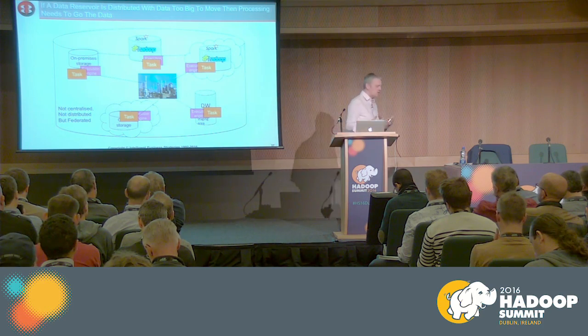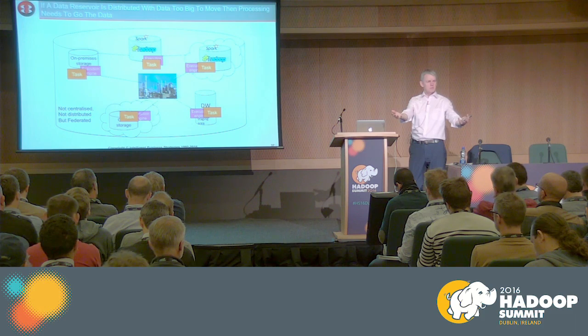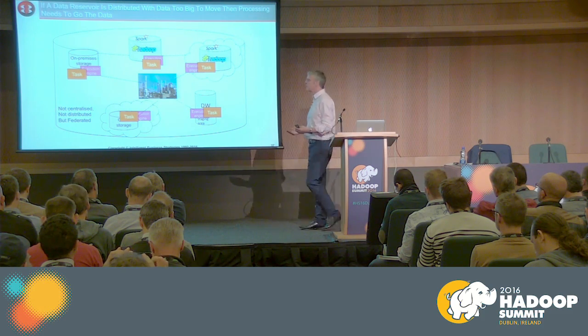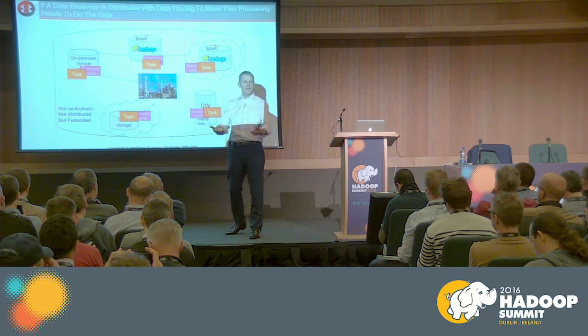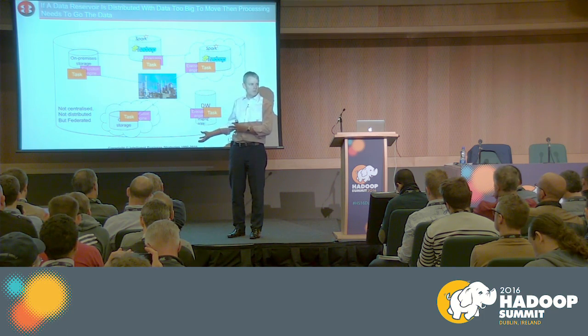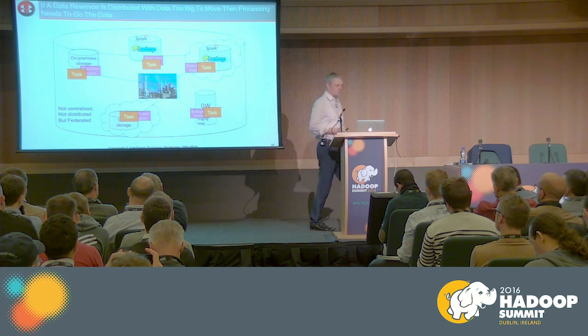Could I not take the tasks and push them to where the data is? I mean, what have we been talking about with Hadoop for ages? Don't take the data to the analytics, take the analytics to the data. Well, why don't we do the same with data management tasks? Push it down, so that we can run this in a distributed environment.